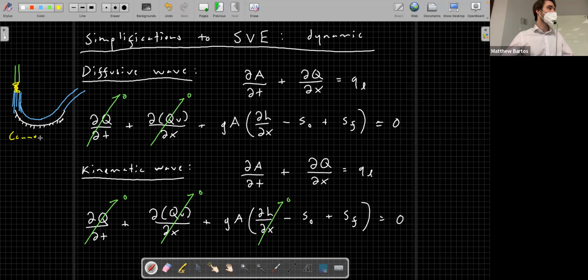Cannot represent high momentum flows. Okay, and also, let me just finish this thought here. Kinematic wave cannot represent backwaters.